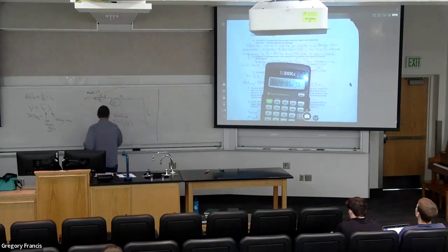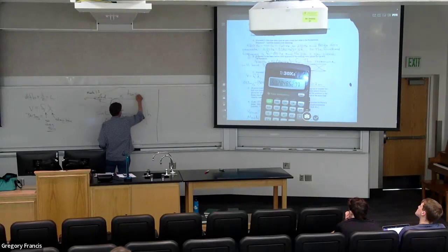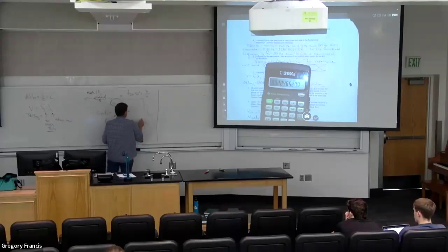So this is going to be 50 degrees. And now I know that the tangent of 50 degrees is equal to the opposite side over the adjacent side. So if I give you h, you can find x. If I give you x, you can find h.